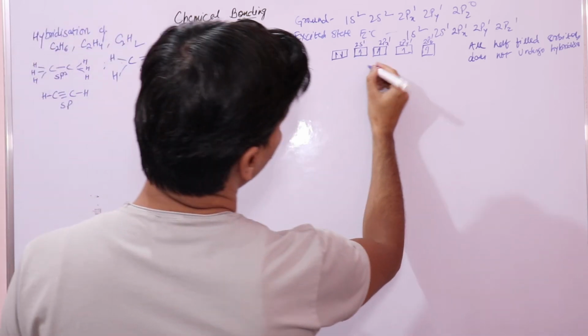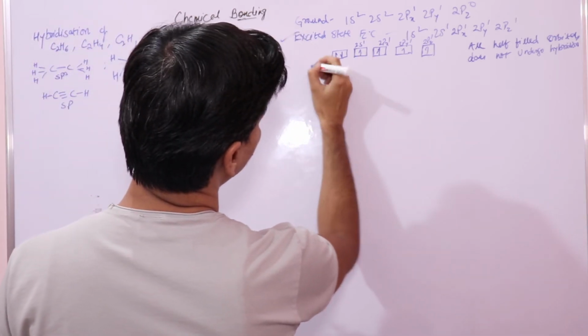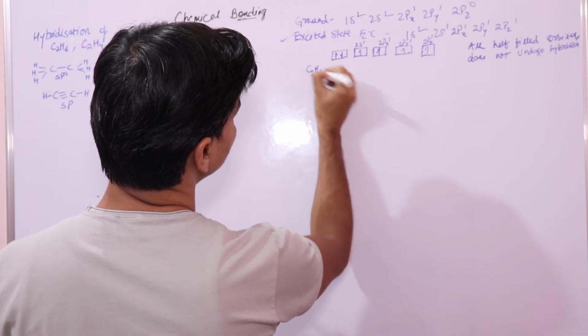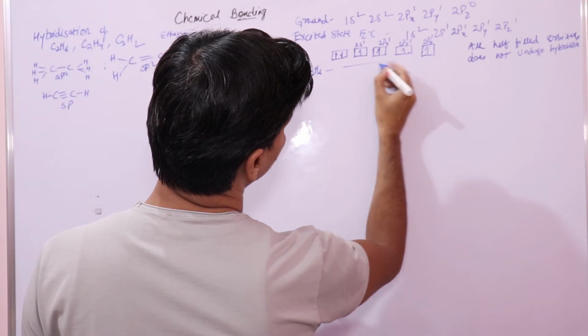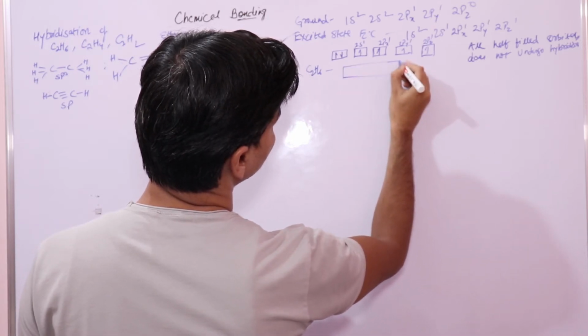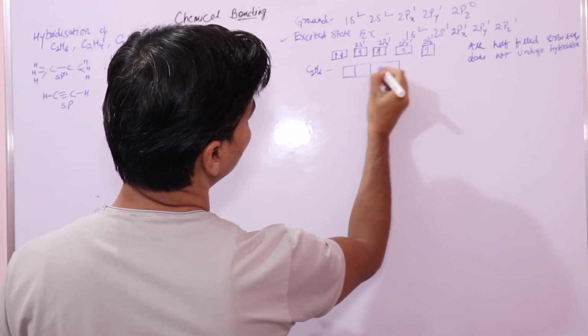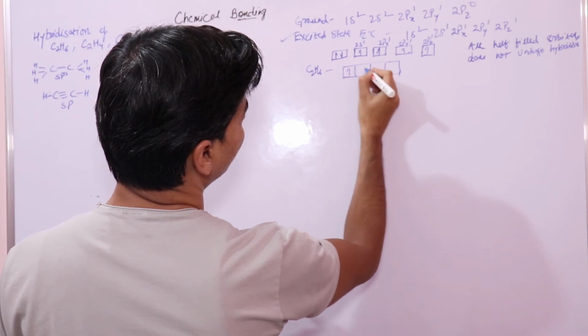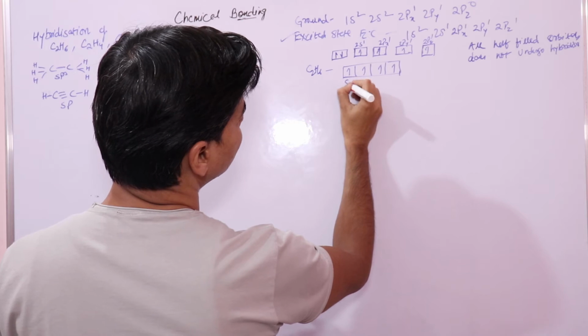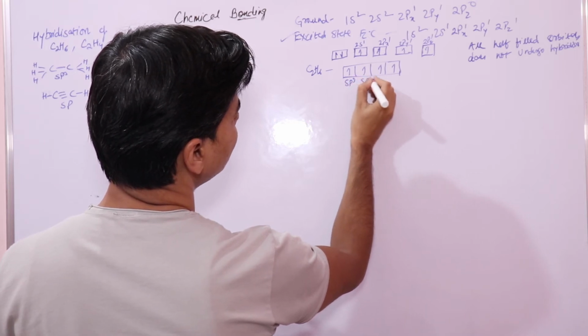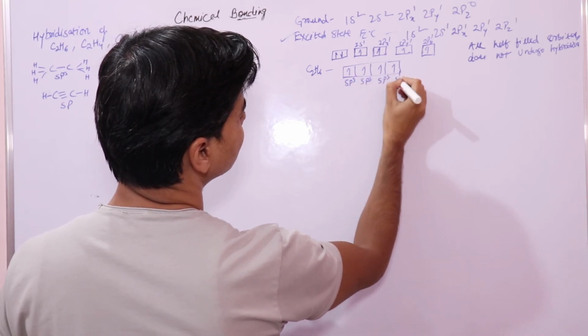So here, in case of C2H6, this is how hybridization will take place. Each of these is sp3 hybridization.